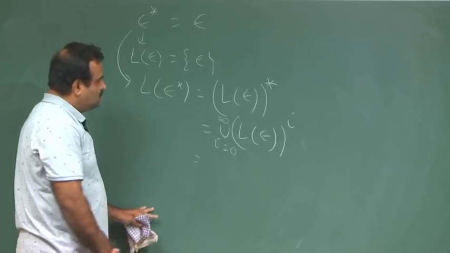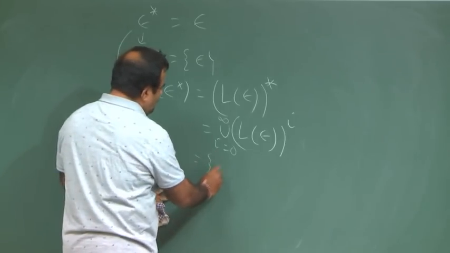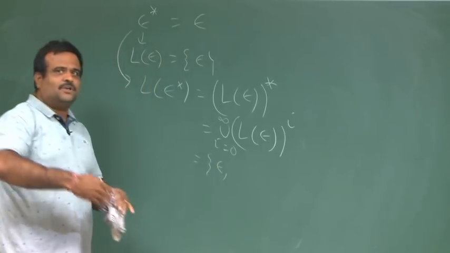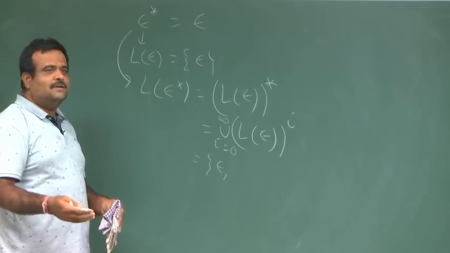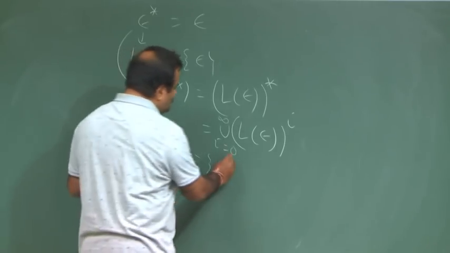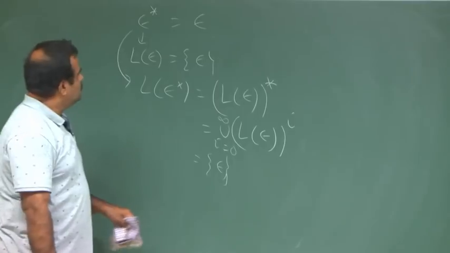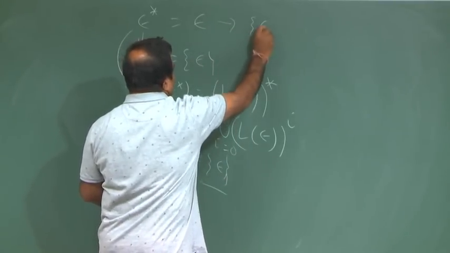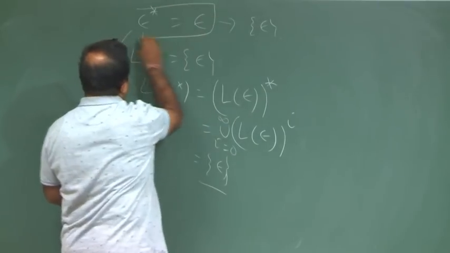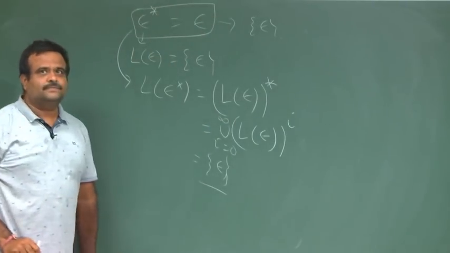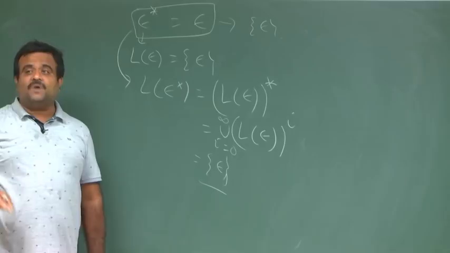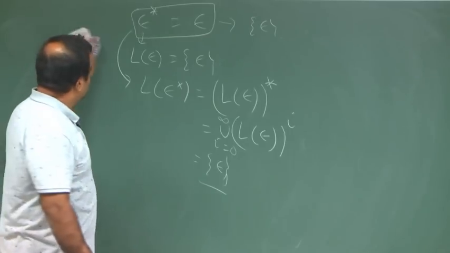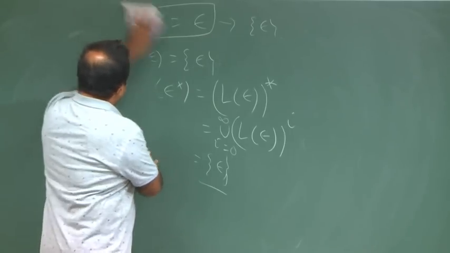For i equal to 0, this is basically epsilon. Then epsilon with epsilon is also epsilon, and so on. So this is nothing but epsilon only, corresponding to epsilon, so it is the same. But what about phi to the power star? That we have to see.